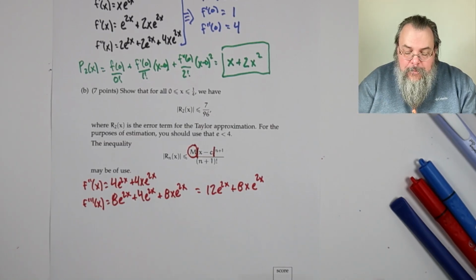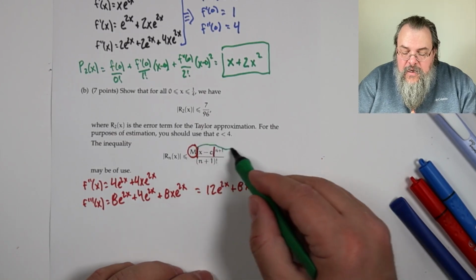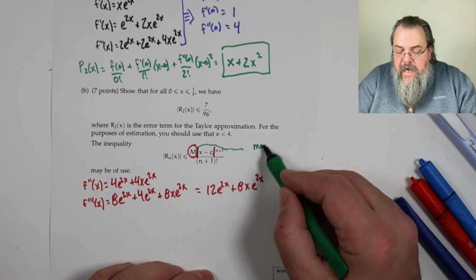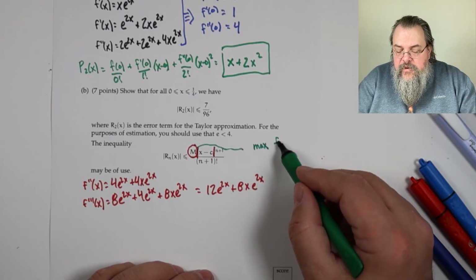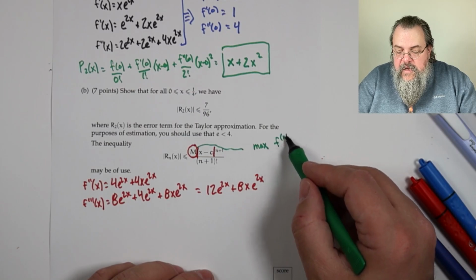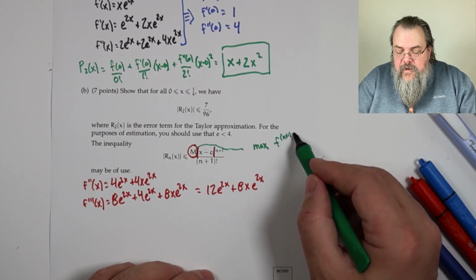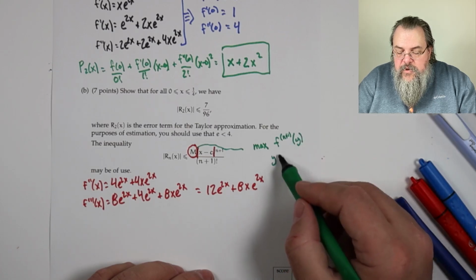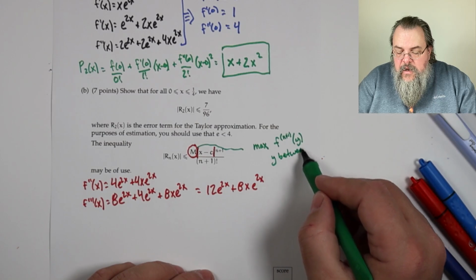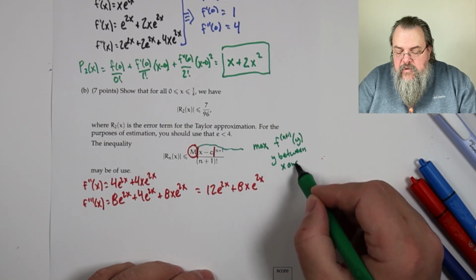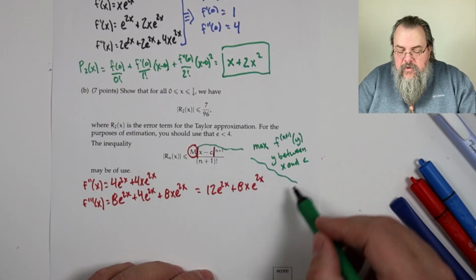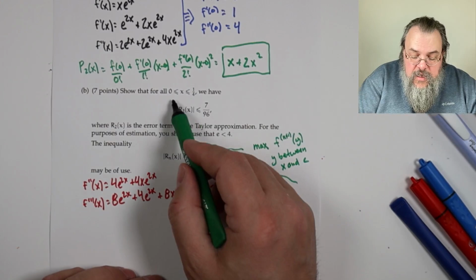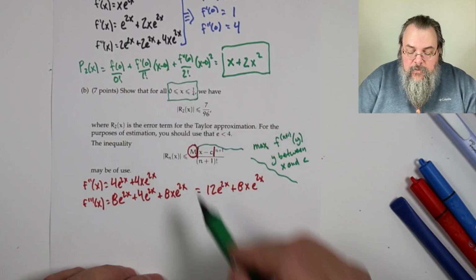What is this m? Now this m is, and the reason we did all of this is, how bad this next derivative could get. So it's the max of the n plus first derivative of y, where y is between x and the center, c. Okay, so here's our third derivative, and we are interested in between 0 and 1/4.